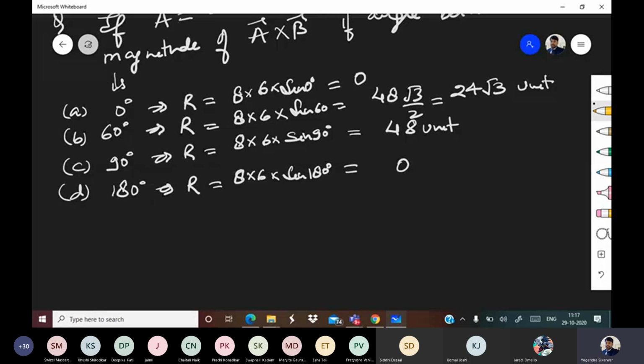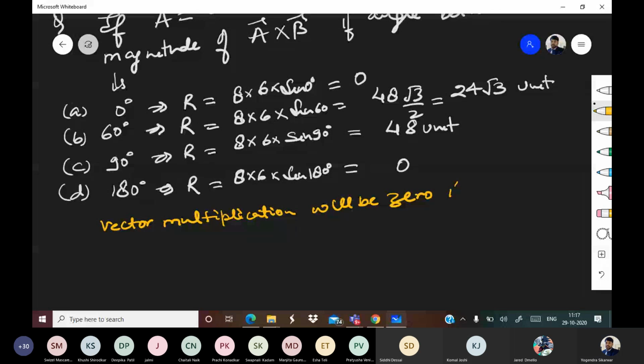Vector multiplication will be 0 if vectors are parallel or anti-parallel.